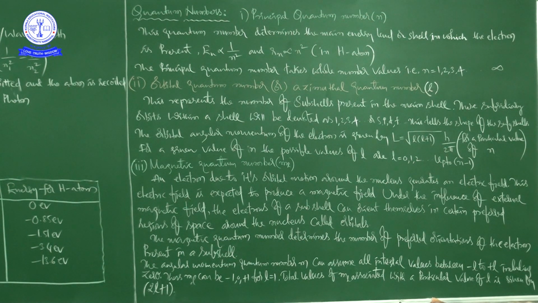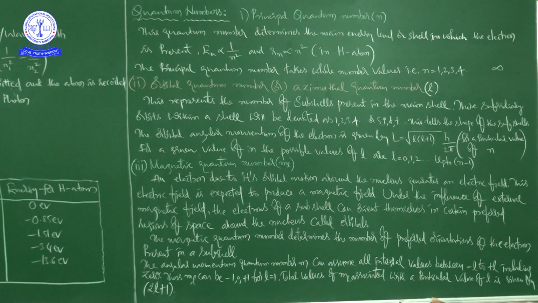Thus, what can we write in place of ml? ml can be -1, 0, +1 for l equal to 1. The total values of ml associated with a particular value of l is given by 2l + 1. This is about the magnetic quantum number.